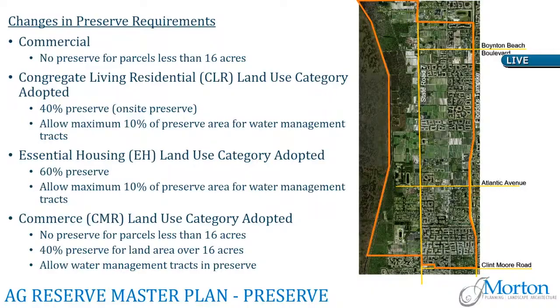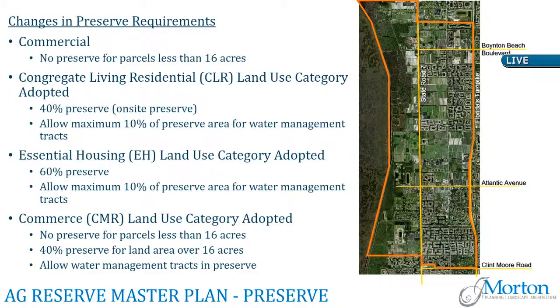Starting with commercial. Originally, commercial development was required to preserve 60%. Within the last 10 years, the board modified the commercial requirement to have no preserve required if the parcel was less than 16 acres. Another new land use category that was allowed in the Ag Reserve is the congregate living residential, CLR.